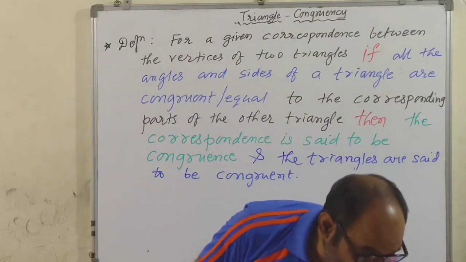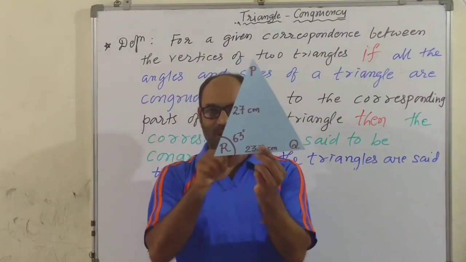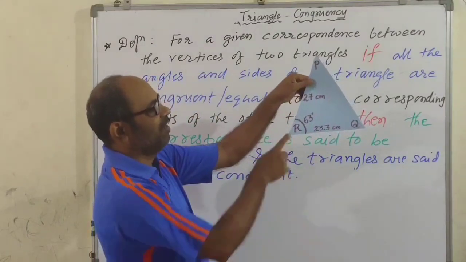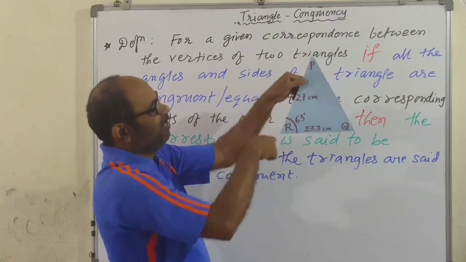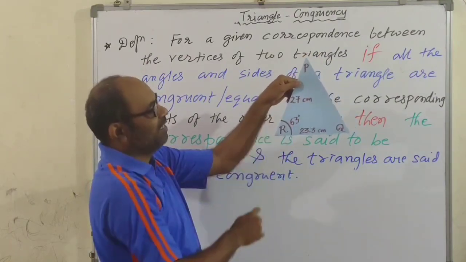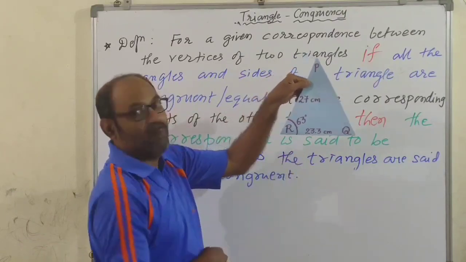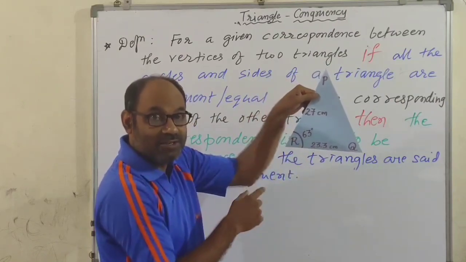Children, I've got one triangle here. Can you see? Triangle PQR. And only 3 parts are given. What is measure of angle R? 63 degree. What is PR? 27 centimeter. And what is RQ or QR? 23.3 centimeter. Children, I have cut this triangle with these measures.